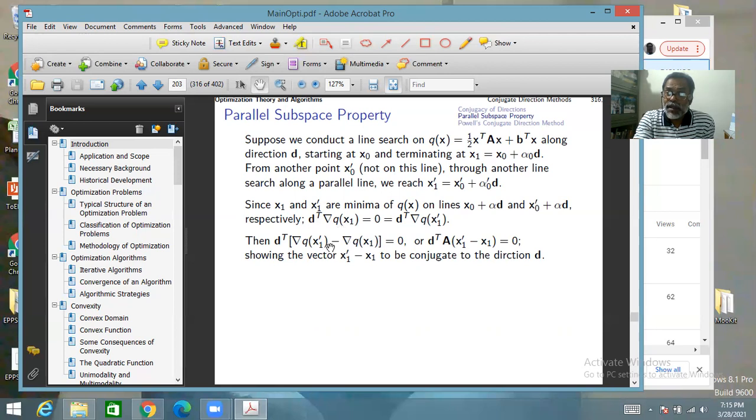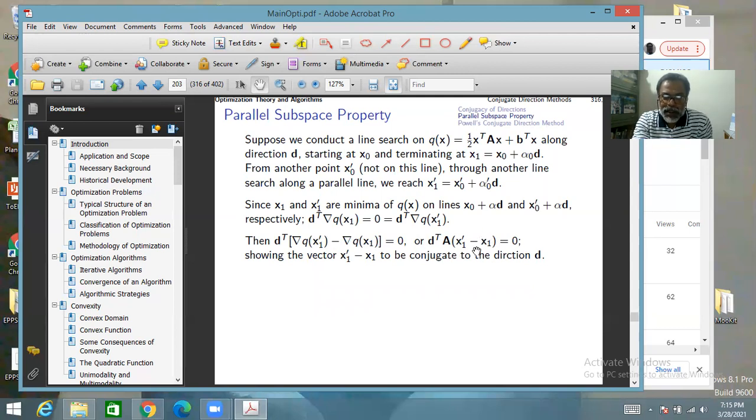But the difference of the gradients at two points for a quadratic function is simply A times the vectorial difference, x1 prime minus x1. That is this.